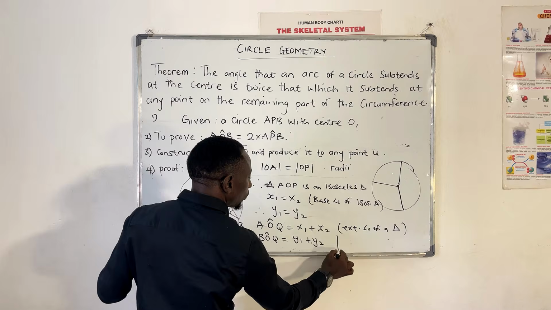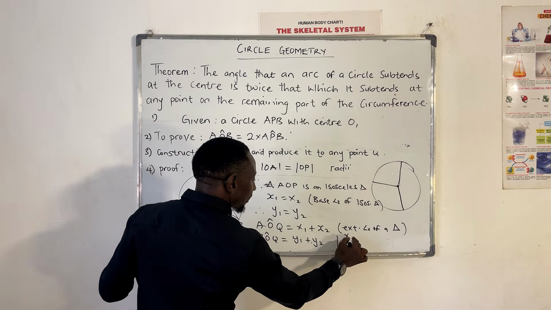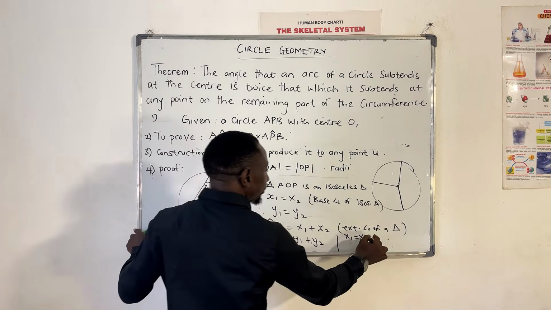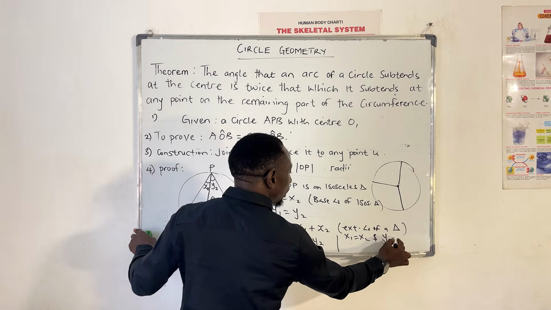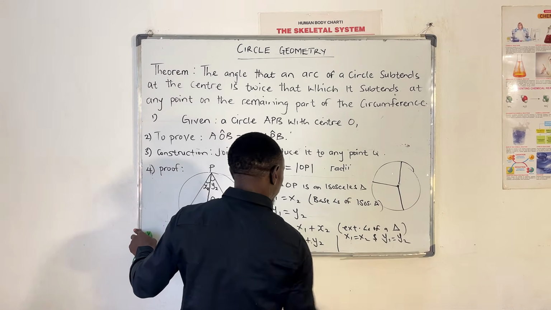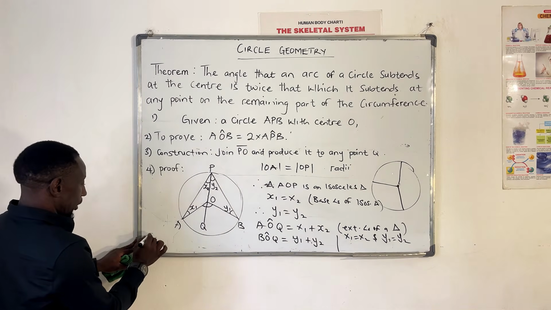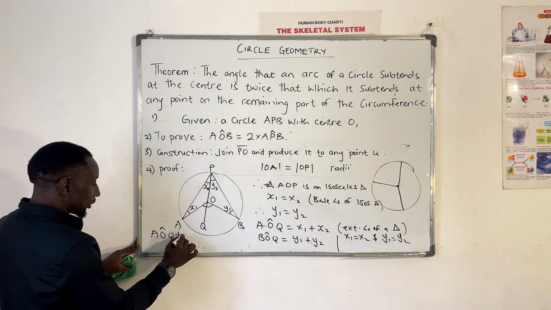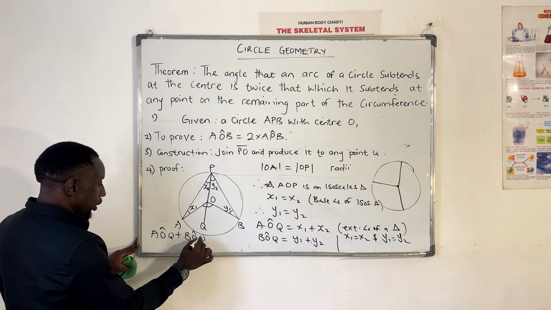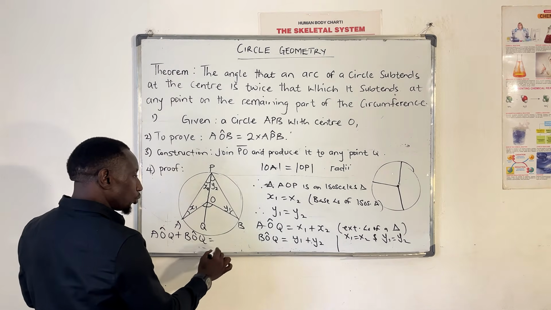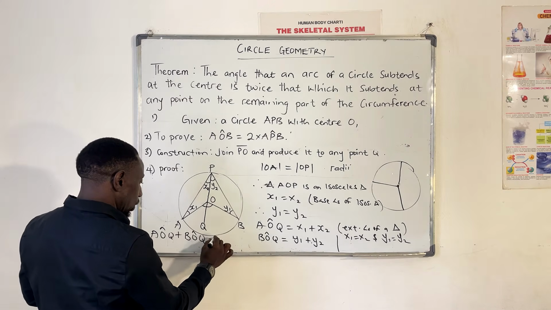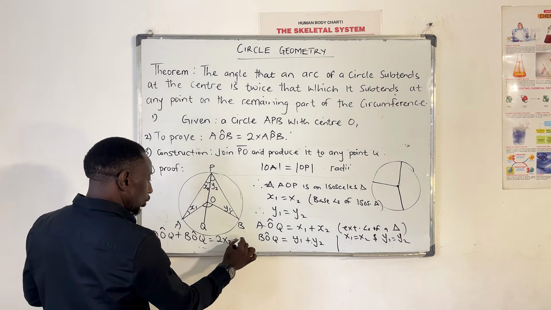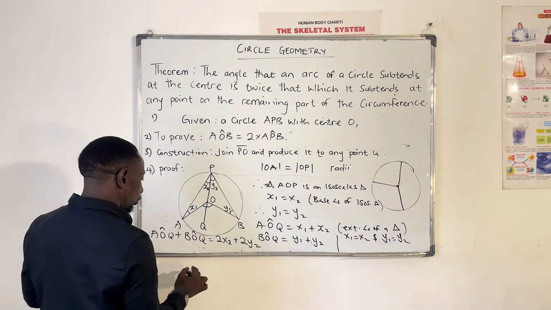And also x1 is equal to x2, which has been established, and y1 is equal to y2. So therefore, I have AOQ plus BOQ is equal to 2x2 plus 2y2.